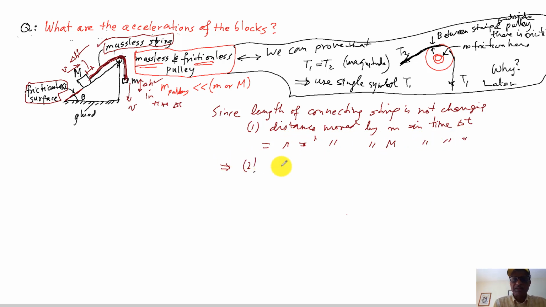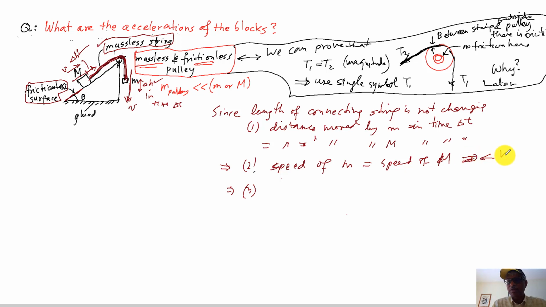This means the speed of m equals the speed of big M. Of course, this one's velocity is in this direction and that one's velocity is in another, so the velocities are not equal.